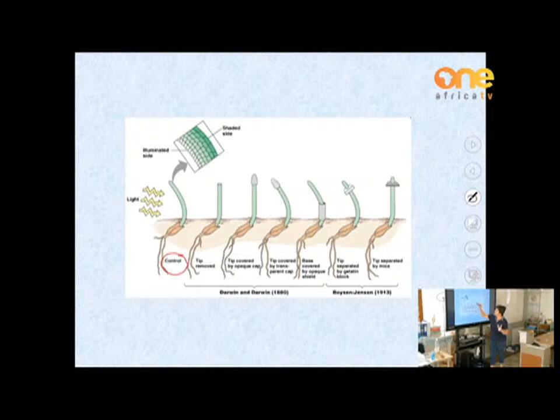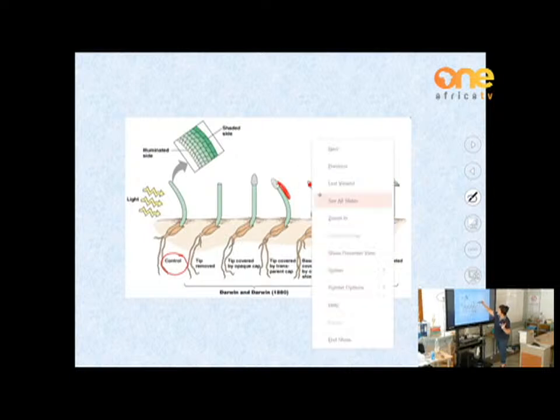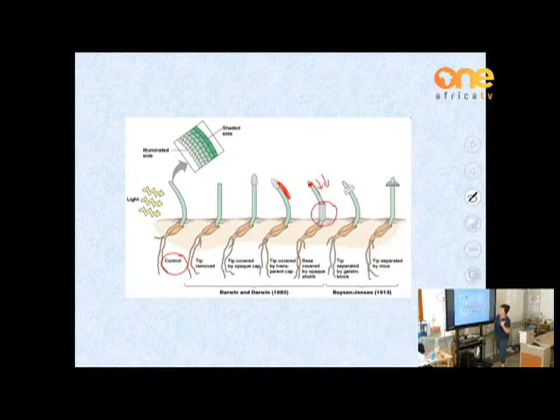When I cover the tip with an opaque cap, it means auxins can be produced, but it is not stimulated to gather on one side. If I put on a transparent cap and the light can stimulate so that I have a higher concentration on the shaded side, it will bend. It will not help to cover the base because the auxins is produced in the tip and it will still diffuse and still have a higher concentration on the shaded side.